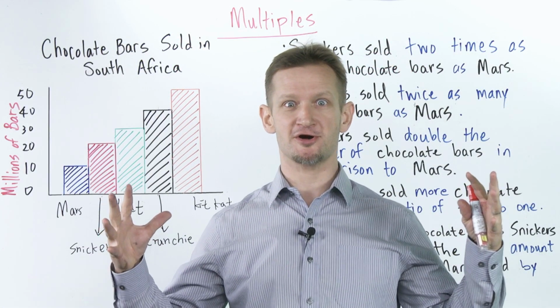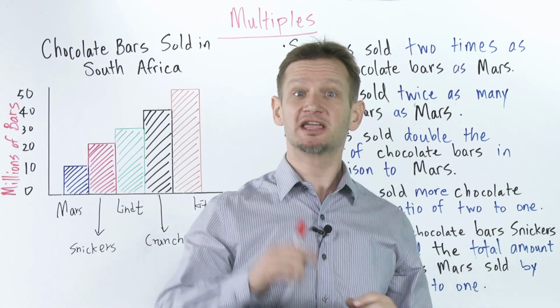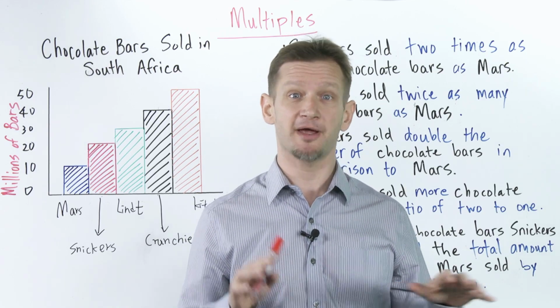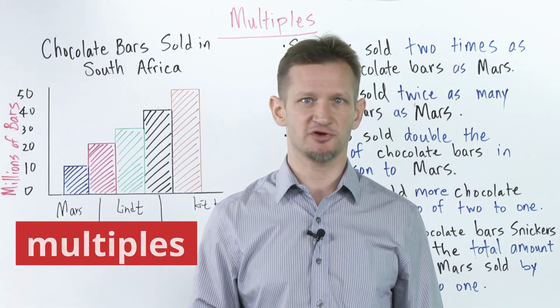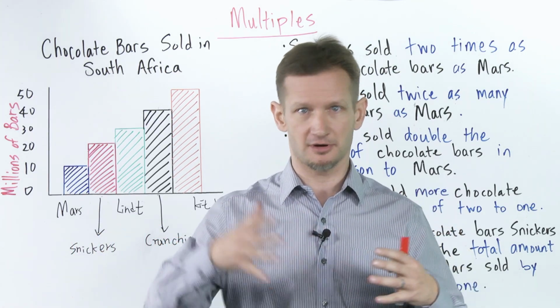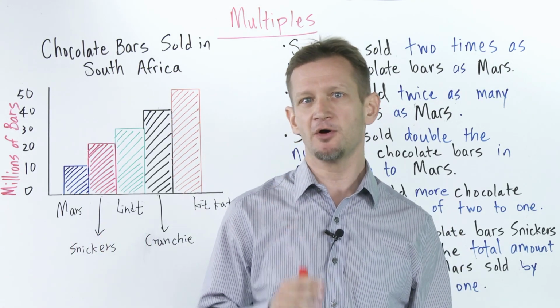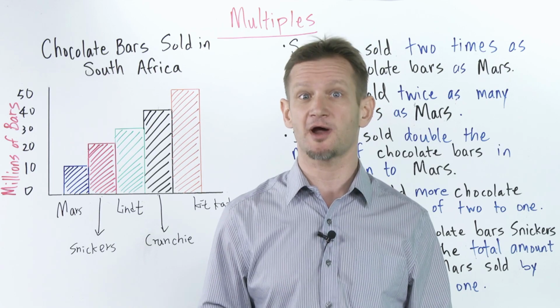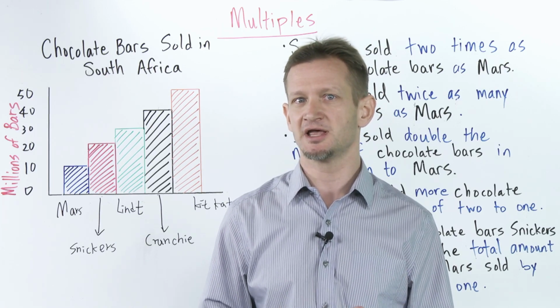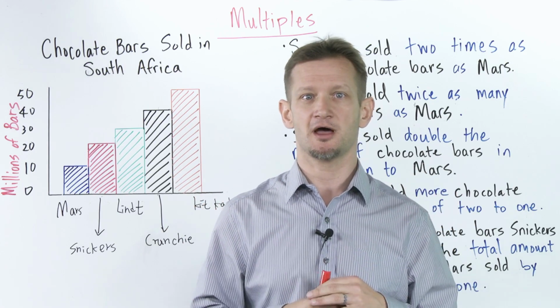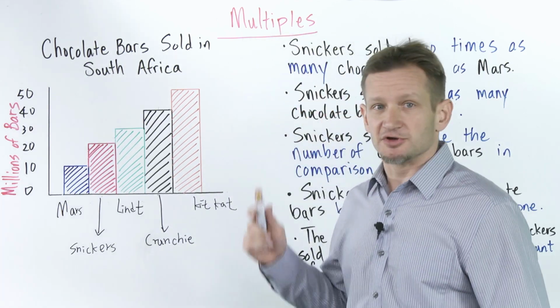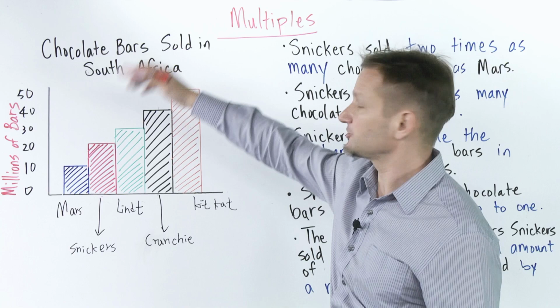More numbers. So now we're going to continue talking about comparing two numbers, right? And now we're going to talk about multiples of something. This is when you multiply it by 1 or 2 or 3 or 100. So suppose you have an IELTS Academic Writing Task 1 question and you want to compare two numbers that are even multiples of each other. So for example, this is an example chart we got here.